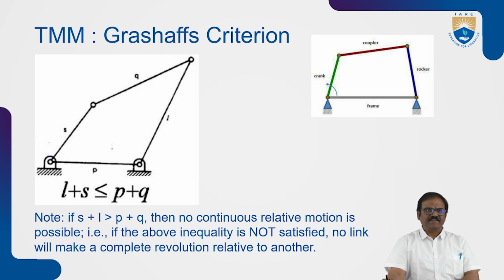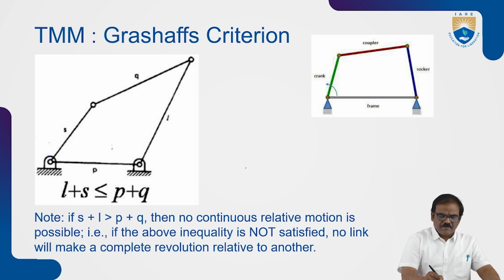Note, if L plus S is greater than P plus Q, then no continuous relative motion is possible. That is, the above inequality is not satisfied, and no link will make a complete relative motion to another.